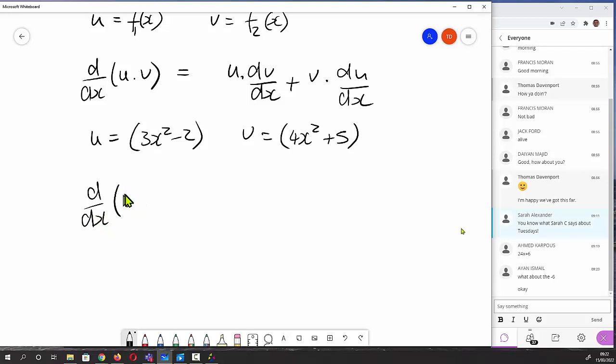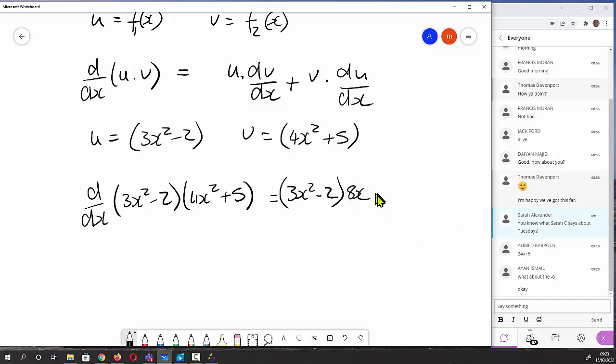So that's going to be 3x squared minus 2 brackets 4x squared plus 5. Okay, so we'll do this in the way that I've written here. So we've got u, which is 3x squared minus 2, times the differential of this bracket, which if you look at it is going to be 8x. Okay, everybody see where the 8x came from?